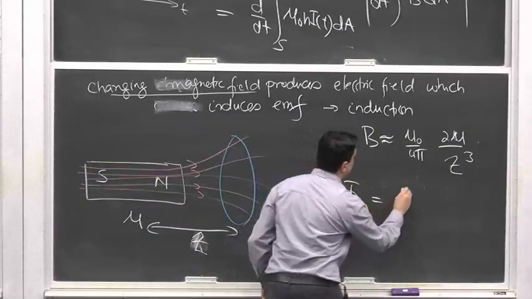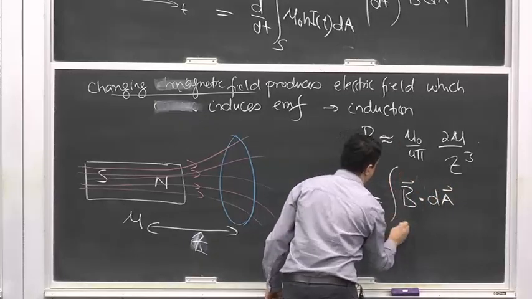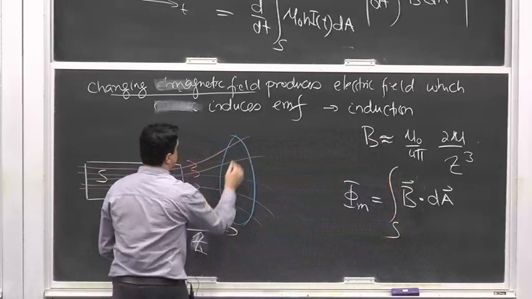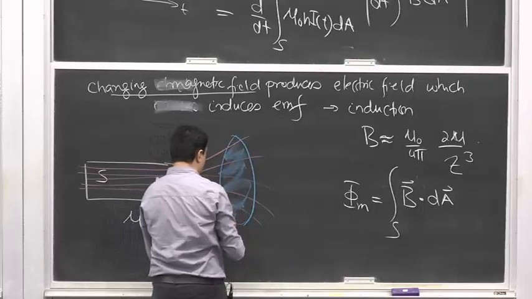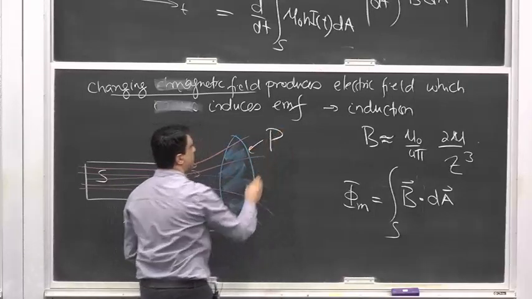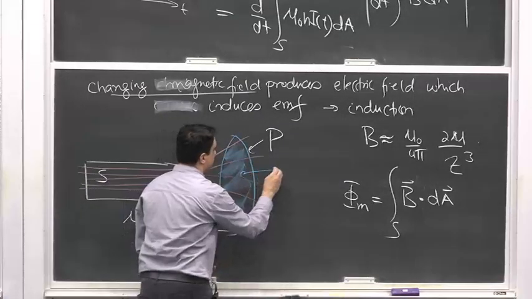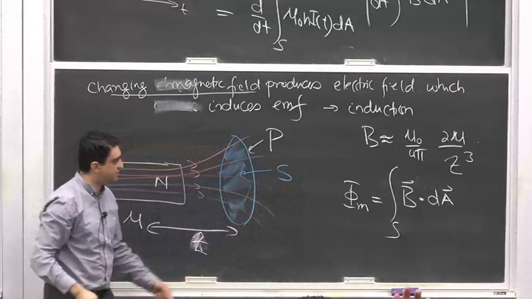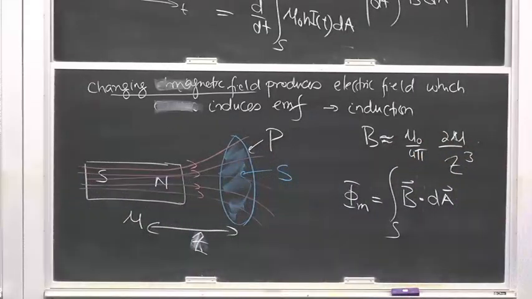That would be given by this B dot dA around the surface, and that surface would be the surface enclosed by this coil. So this coil would be my path, and the surface which is enclosed by it would be the surface S, over which I have to find this. So what is the distance equal to?